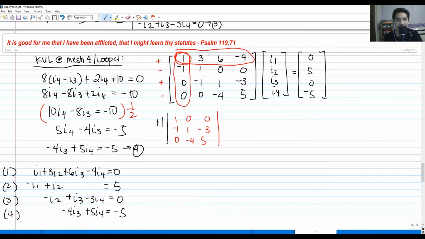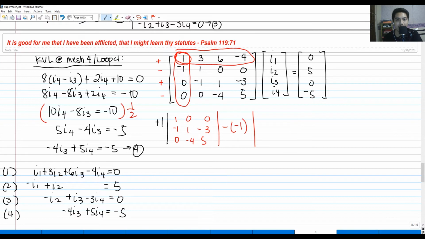Since I take the pivot element at row 1, column 1, I will exclude all the elements containing row 1 and all the elements containing column 1. So we will have this determinant. And that is minus, because of the negative 1 that I've chosen here.